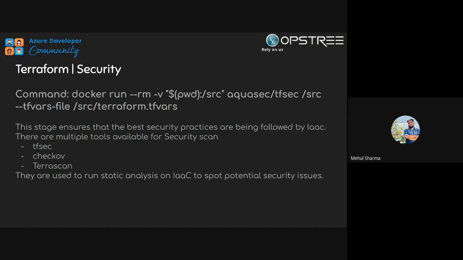Or maybe you should only be able to deploy resources inside the Asia region only, East Asia for example. Agree? So that kind of checks you can add under this TFSec. Clear, everybody? This is just a small example. There are thousands of checks around, but these are the minimum that everybody can relate to. That's why I'm taking those.